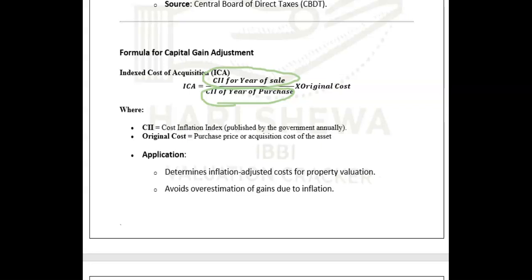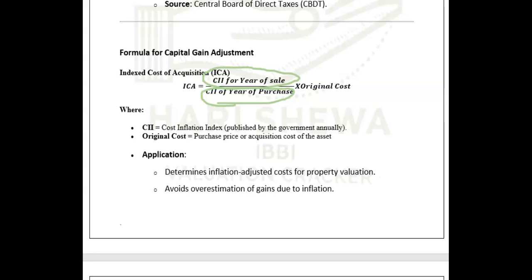What is the indexed cost of acquisition of a property you have purchased in 2010 for 10 lakhs? So you are selling in 2024. Then first you convert 10 lakhs to indexed cost of acquisition: 10 lakhs multiplied by the current index, divided by the index of the year you purchased, into original cost.